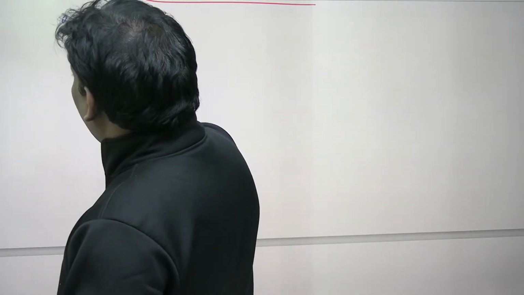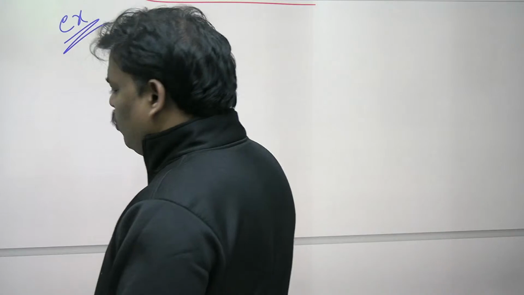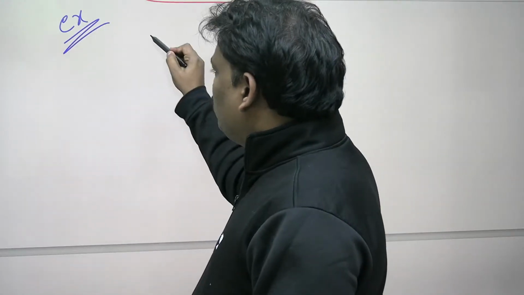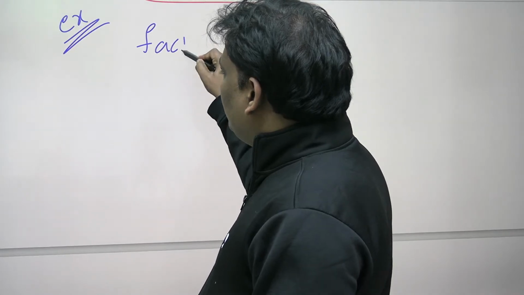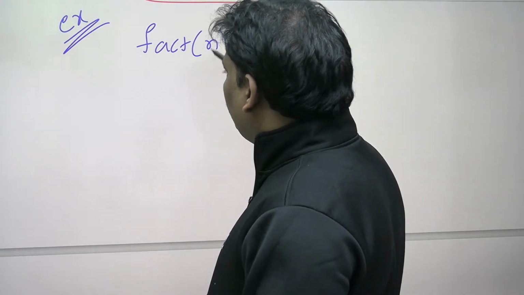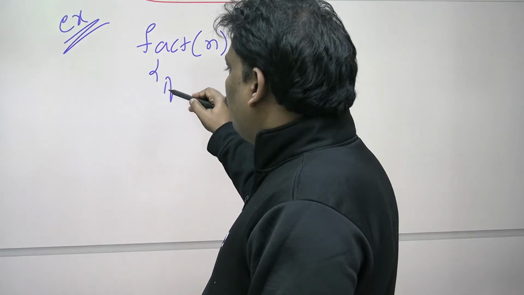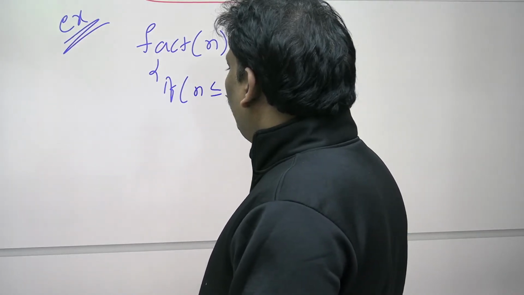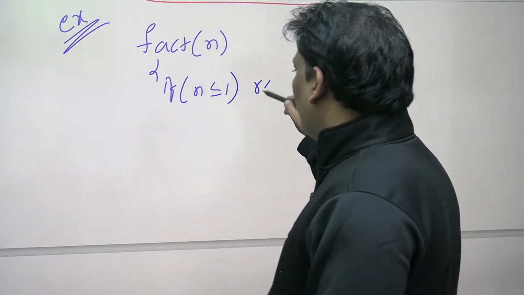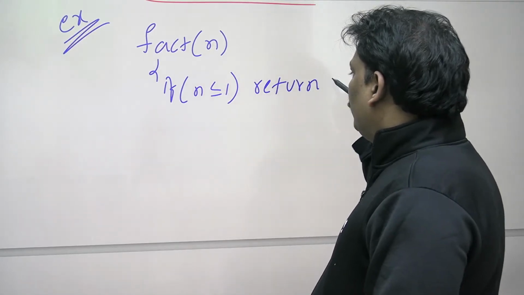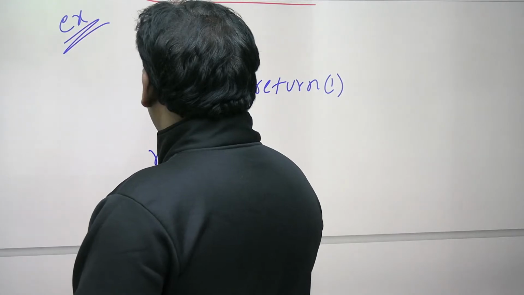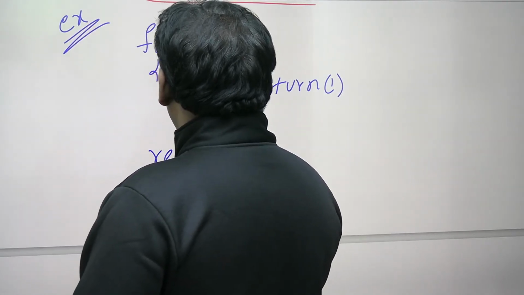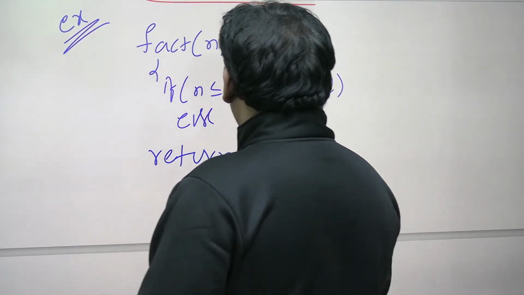Yesterday, if you observe, I wrote the factorial recursive program. Factorial of n: if n is less than or equal to 1, return 1, else return n into fact of n minus 1.